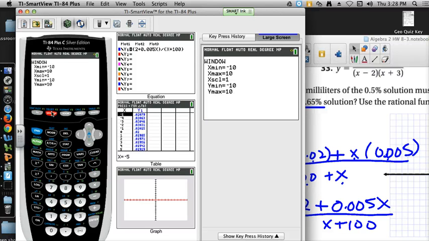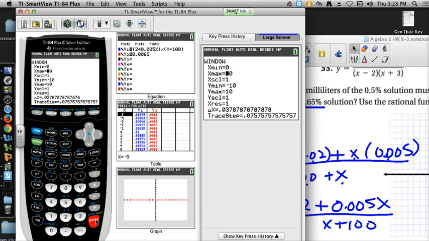So now that's going to change our window a lot. For instance, x is standing for how many milliliters? Remember, milliliters are really, really small. So it's possible it might even take more than 500 milliliters. Let me go with 1,000. When you work in the pharmacy, the bags come generally in 100 milliliters, 500 milliliters, or 1,000 milliliters.